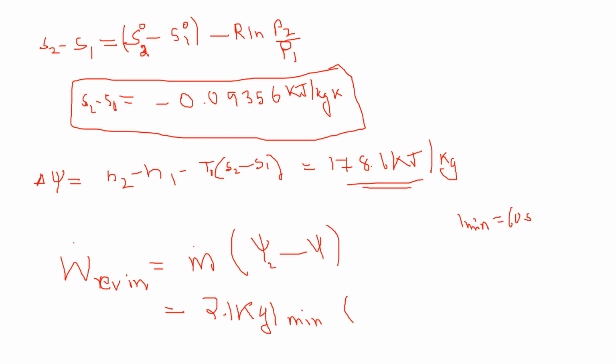So if I want to change it to seconds, I will divide by 1 minute and multiply by 60, into this value we already have, which is 178.6 kilojoule per kilogram. With this we will get the minimum reversible work in as 6.25 watt. Okay, so that was about these two questions.